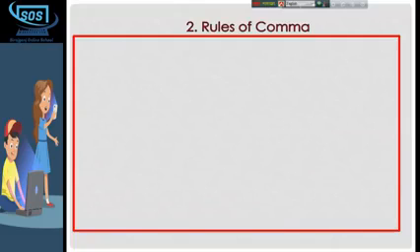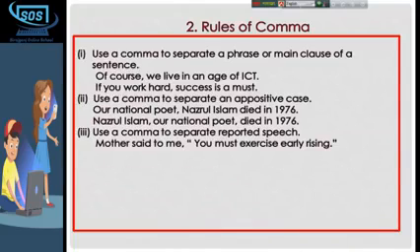Students, our today's rule is about comma. If you want to put comma in the right place, you must know some rules and you need to practice the rules. To separate a clause or phrase at the beginning of the sentence from the independent clause, you must use comma after the phrase or clause.